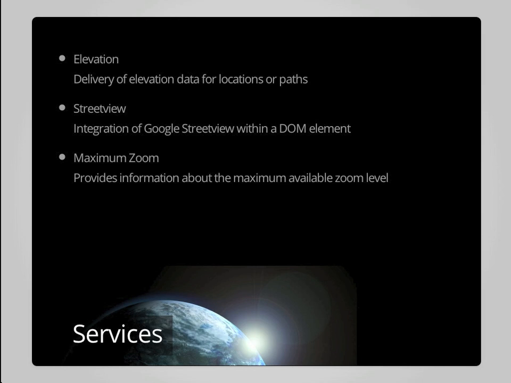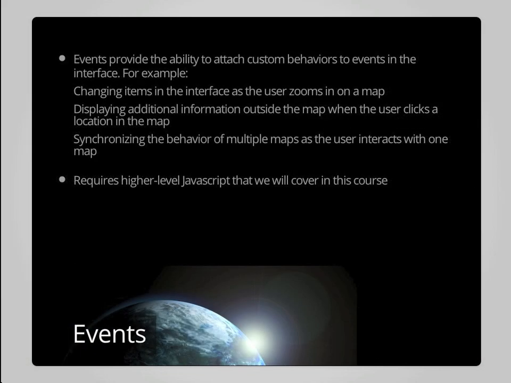And then, as I mentioned earlier, there's a maximum zoom service where you can obtain information about the maximum available zoom level for a particular map type and area, so that you could potentially use that to modify the user interface to reflect the currently available maximum zoom for the data that are being viewed.